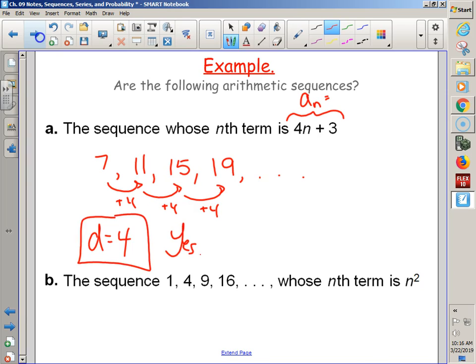So yes, right? But do you also see how this formula shows me it's arithmetic? Because if you plug in 1, isn't it 4 times 1 plus 3? If you plug in 2, wouldn't it be 4 plus 4 plus 3? 2 4s?